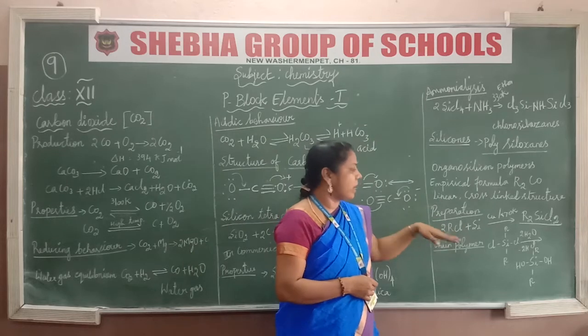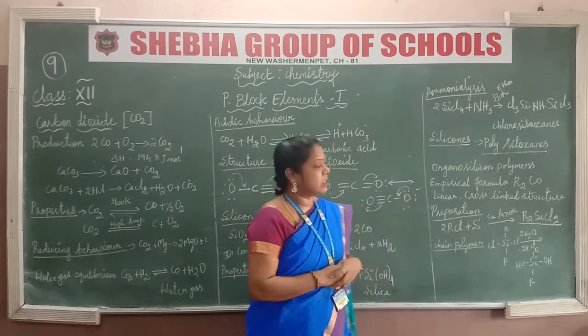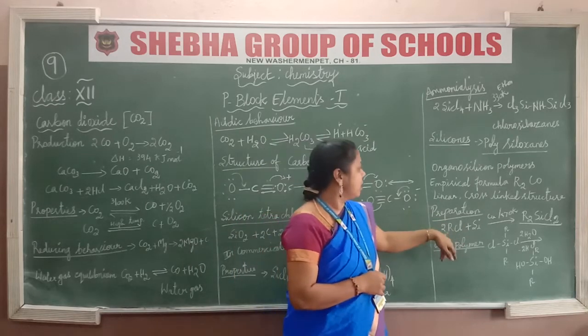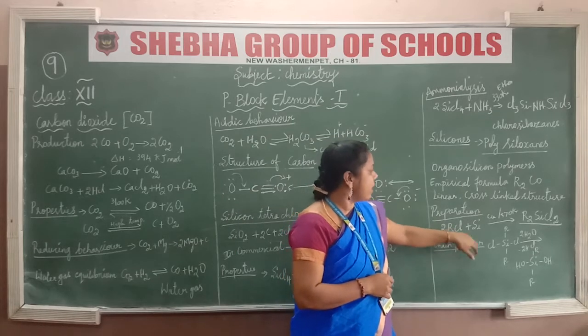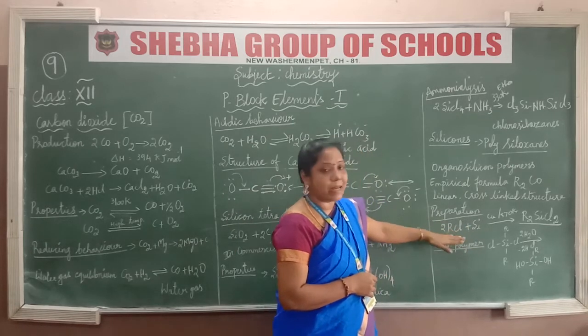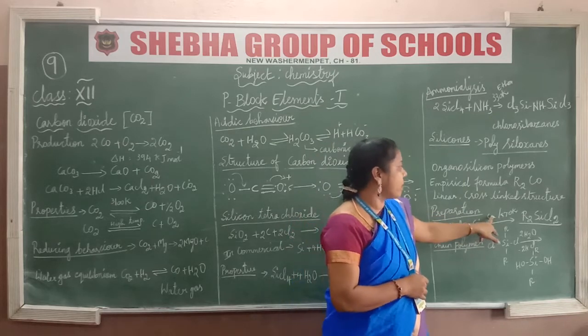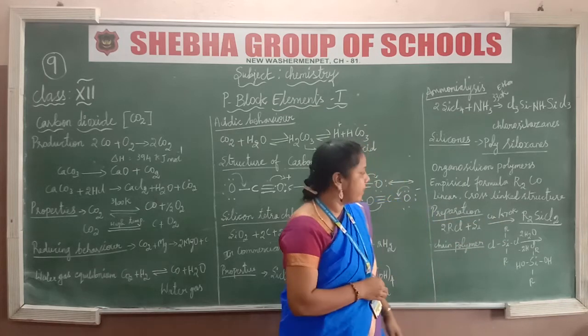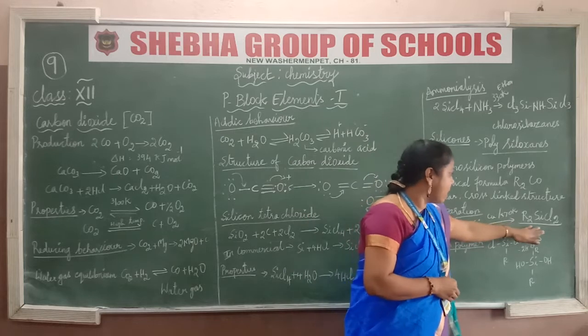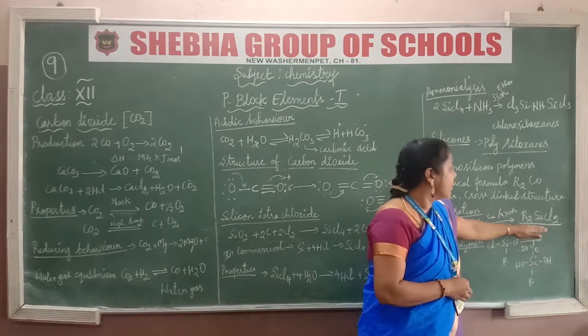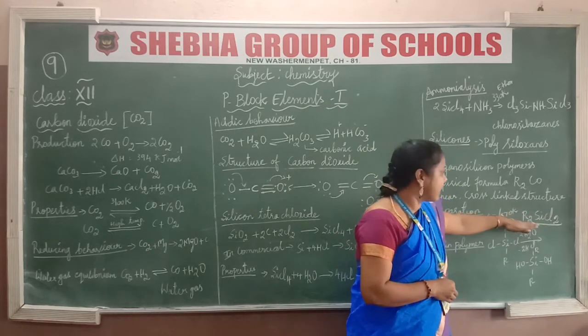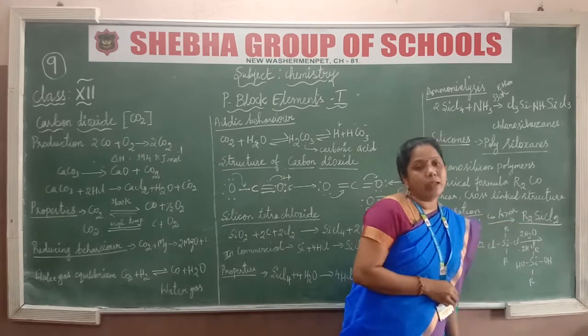And before that we have to go for the preparation of silicons. In these silicons, we have RCl with Si. In this, alkyl chloride reacts with silicon in presence of copper at 570 Kelvin, and we can get R2SiCl2, that is dialkyl silicon dichloride.